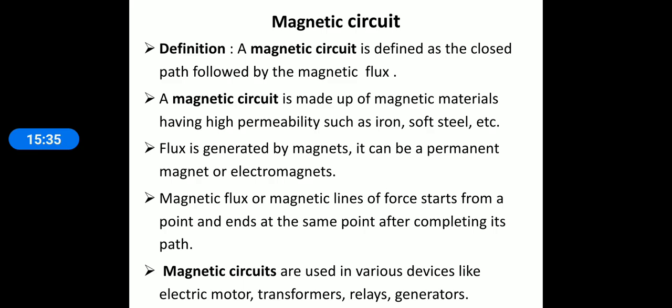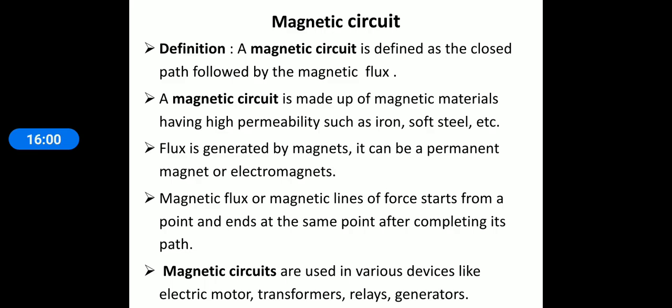The flux is generated by a magnet, which can be a permanent magnet or an electromagnet. The magnetic flux or line of force starts from a point and ends at the same point after completing its path.